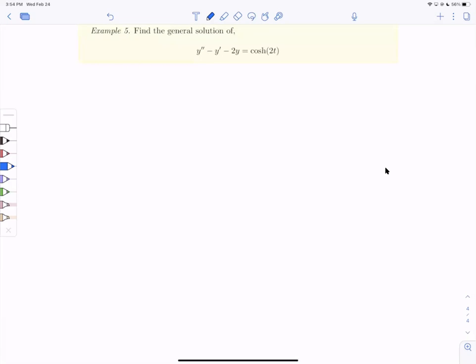So this m squared minus m minus 2 equals 0. So my m equals, what's my m again? 2 and minus 1, yeah. m is 2 and minus 1.